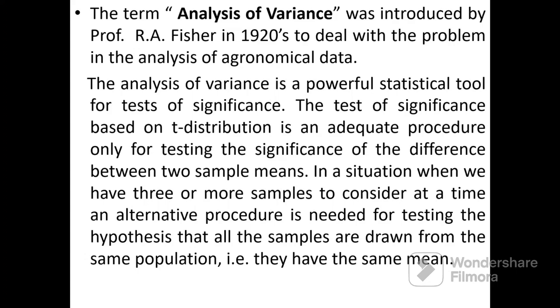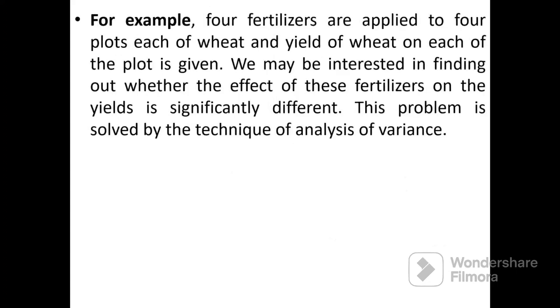So we are moving towards our next slide. This example we can consider. This is the example of fertilizers. Here we can compare four different fertilizers used in an agricultural field, that are applied to certain kind of plot of crop.